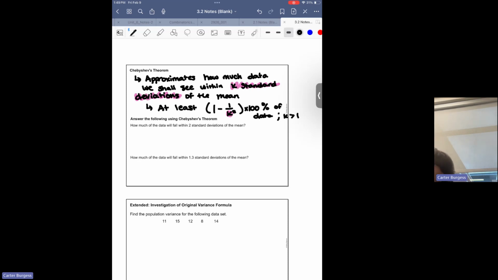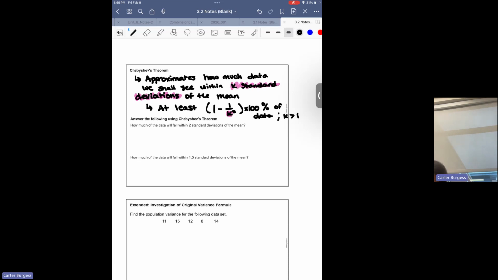So for instance, if we are looking at a normal distribution, which we're going to focus on Monday, I can tell you right now that if we are within 1 standard deviation of the mean, then we have about 68% of the data accounted for. That's just a number that I know off the top of my head. It's very famous. If we're within 2 standard deviations, then it's about 95%, I think a little bit more than 95%. And if we're within 3, then it's like 99.7%. Those are just numbers that I know off the top of my head, because this is a very well-studied distribution.